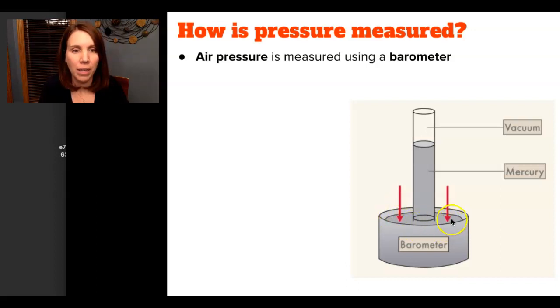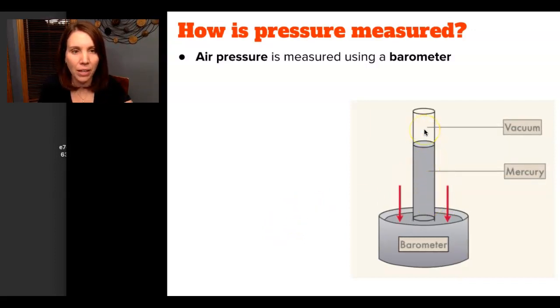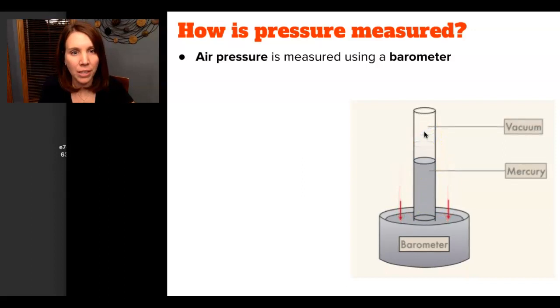We have this pan of mercury sitting out, and the air pressure pushes down on the mercury and forces the mercury up this tube. When we have higher pressures, the mercury is going to rise higher. If you go from this air pressure to a higher air pressure, we can see that the mercury moves up the tube. If we decrease the air pressure, the mercury goes down the tube.